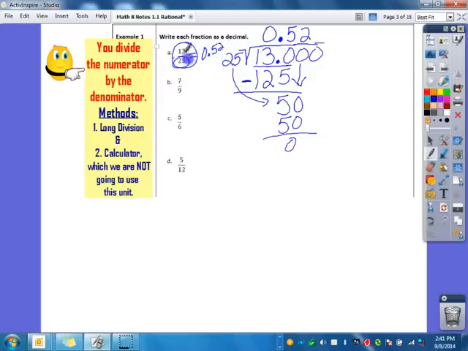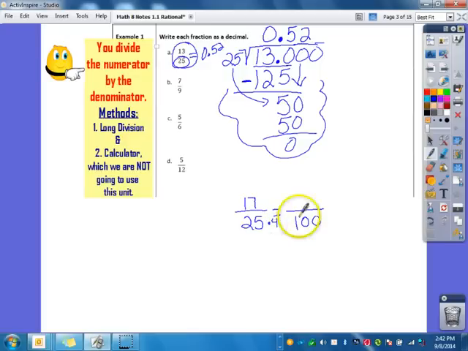Now, if you look at this, you want to try to look at your denominator. Anytime you can turn your denominator into either a 10 or a 100, you're going to save yourself all this time on the long division. So if I would have had 17/25, I look at that and say, hey, I can turn this 25 into a fraction with the denominator of 100, because 25 times 4 is 100. 17 times 4 is 68.